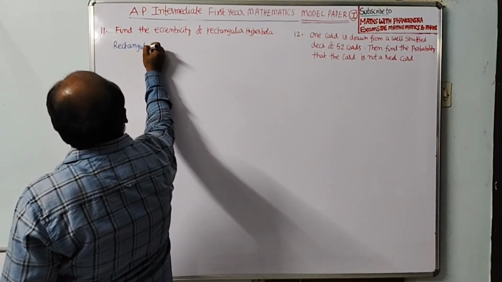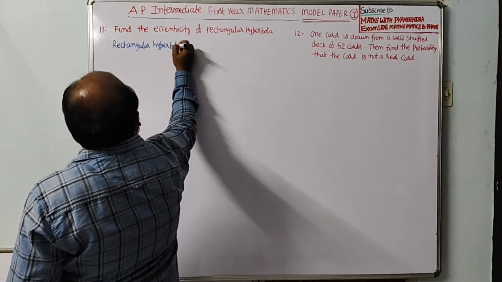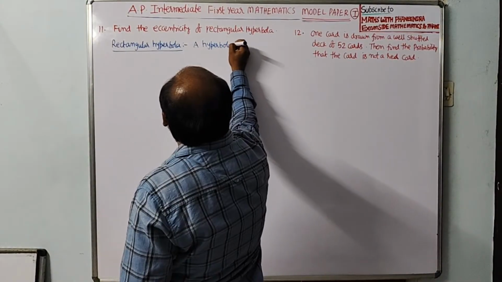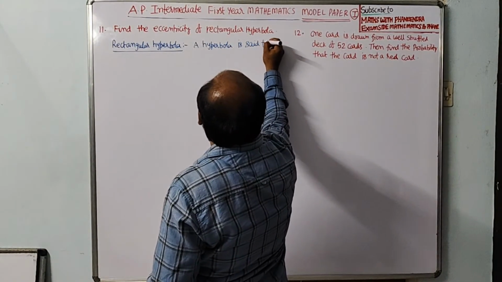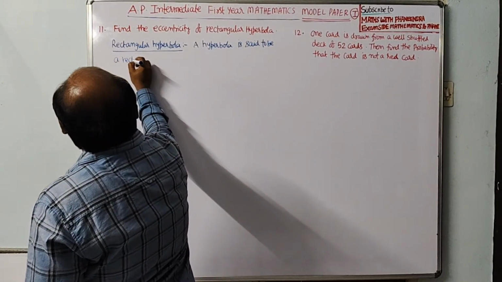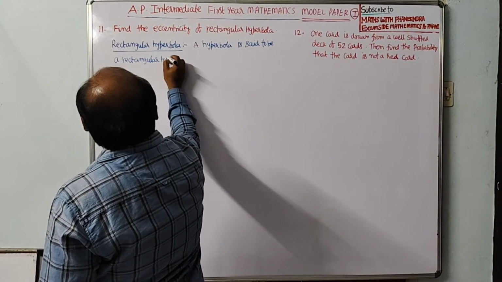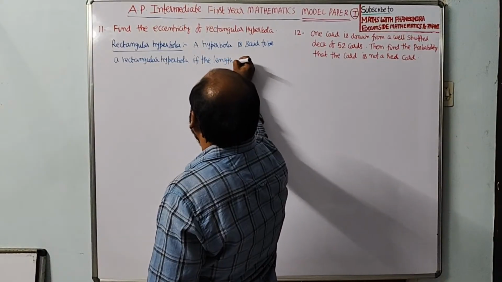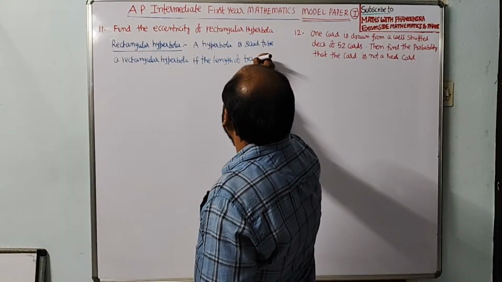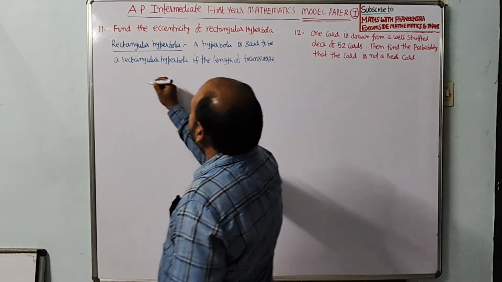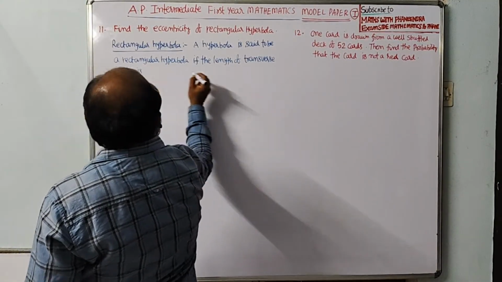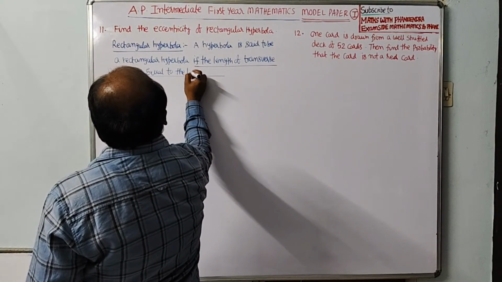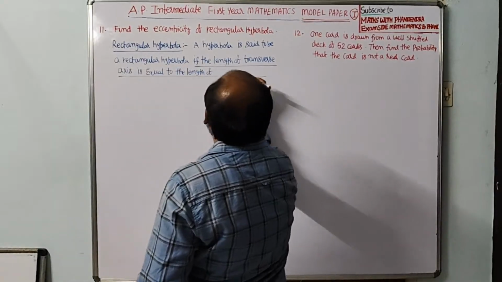A hyperbola is said to be a rectangular hyperbola if the length of the transverse axis is equal to the length of the conjugate axis.